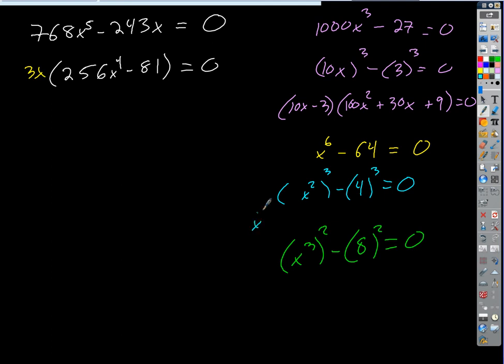I'm going to get an a minus b, that's fine, times a squared plus ab plus b squared. That's terrible, right? That's terrible because it's quadratic, it doesn't factor, and you've got an x to the 4th there and an x squared, and that's really hard to deal with.